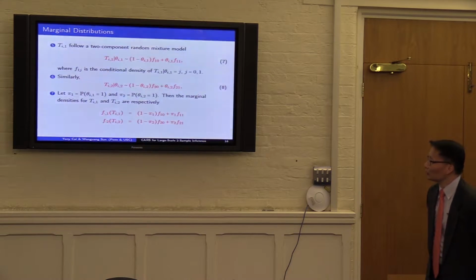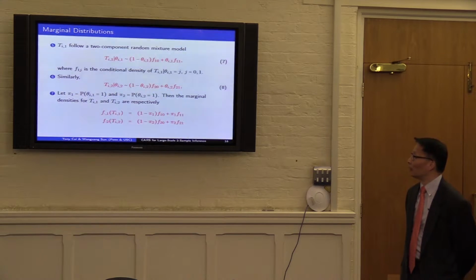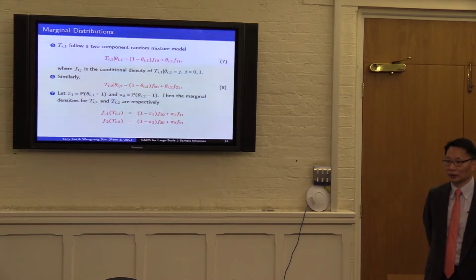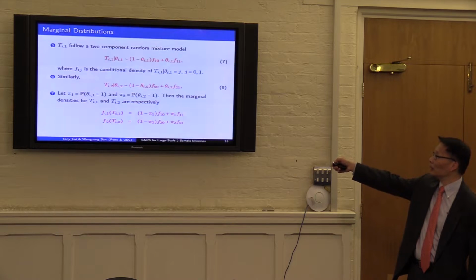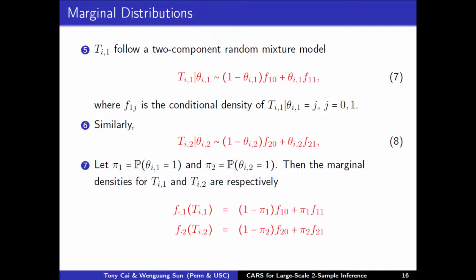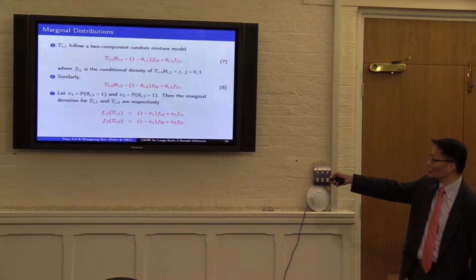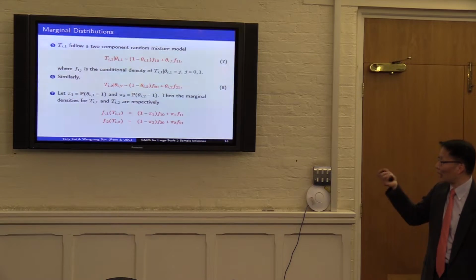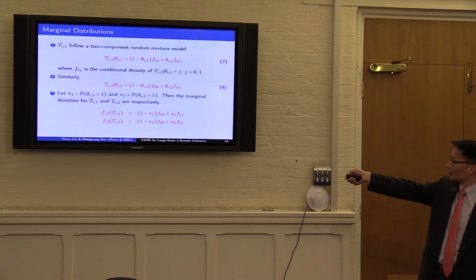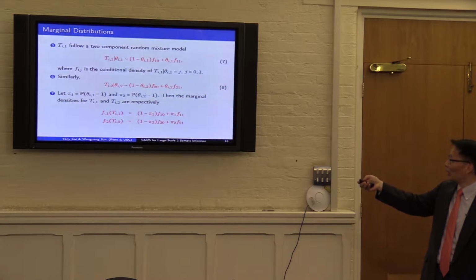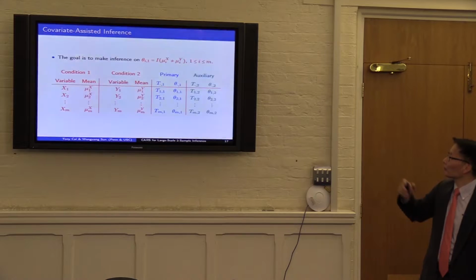And for each of those T_i1 and T_i2, they have their own marginal distribution. And their own marginal distribution has 2 components: either theta i1 is 0 or theta i1 is 1. So each has a mixture distribution, and same for theta i2, for T_i2. And we also can write down the marginal density of T_i1 and T_i2 as before.